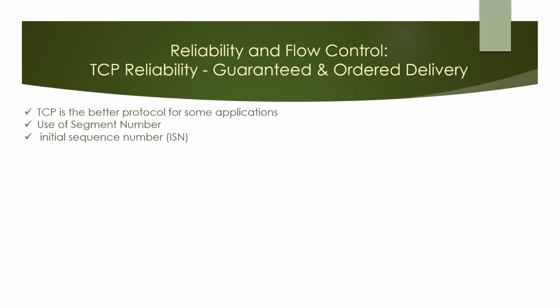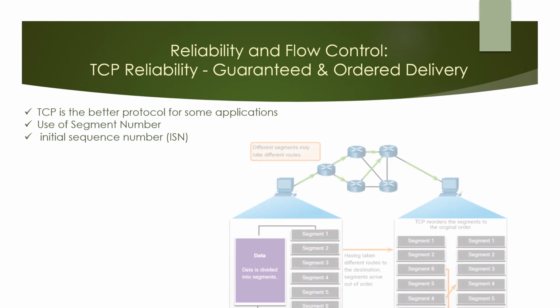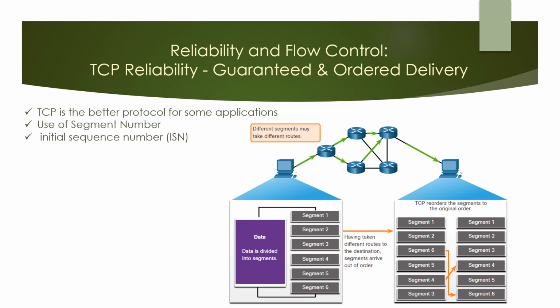The initial sequence number does not begin at 1, but is officially a random number. This is to prevent certain types of malicious attacks. For simplicity, we use an initial sequence number of 1 for the examples in the material that we are discussing. Segment sequence numbers indicate how to reassemble and reorder the received segments, as shown here in the figure.